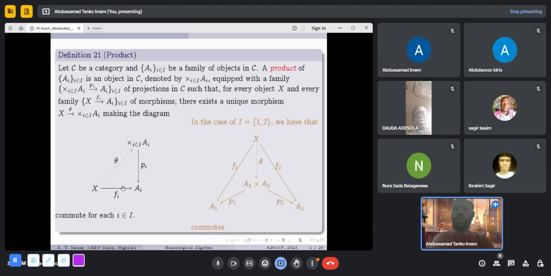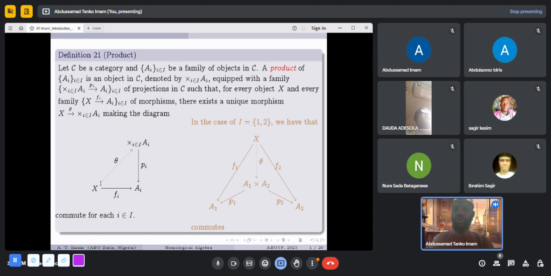So if you have a family of projections P_i from the product into A_i, and then another family of morphisms F_i from X, then there should be a unique morphism theta.